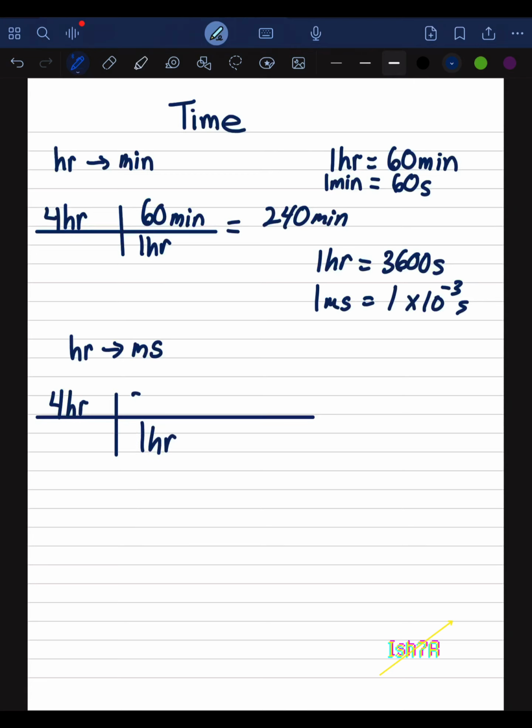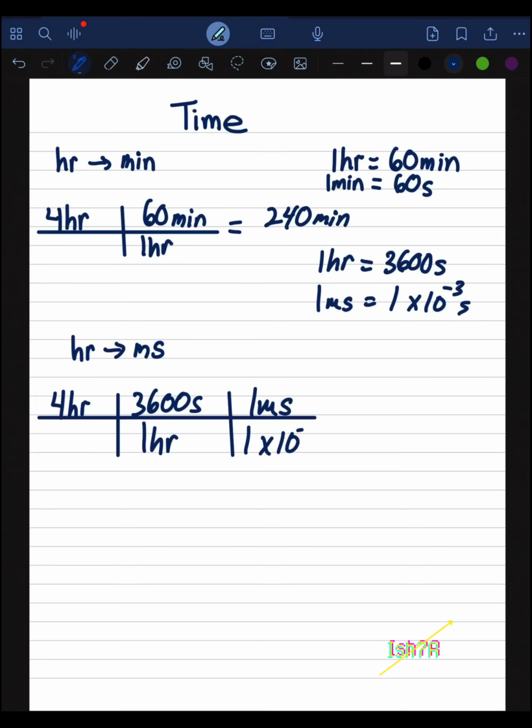For each hour there is 3,600 seconds, and then we can convert that into milliseconds, knowing that for each millisecond there is 1 times 10 to the power of negative 3 seconds, and that equals 14 million milliseconds.